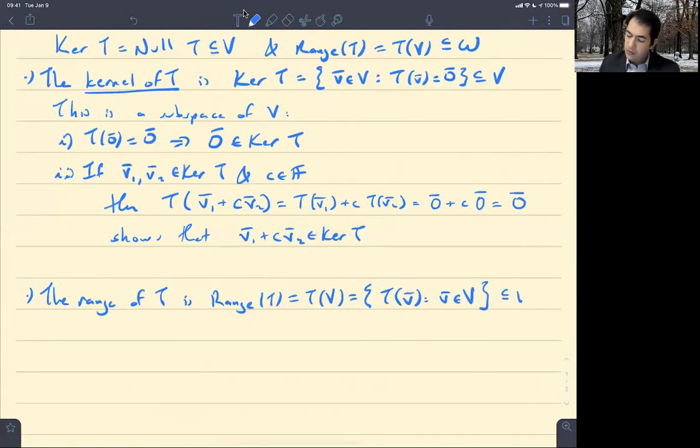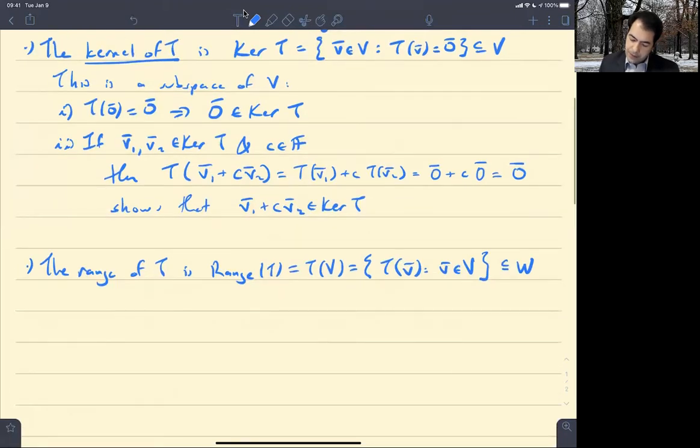And so it's a subset of W, and we will now check that it is a subspace of W.